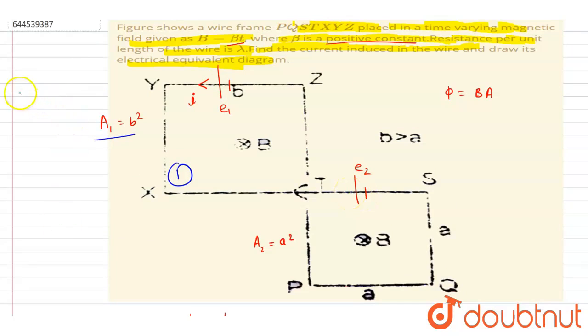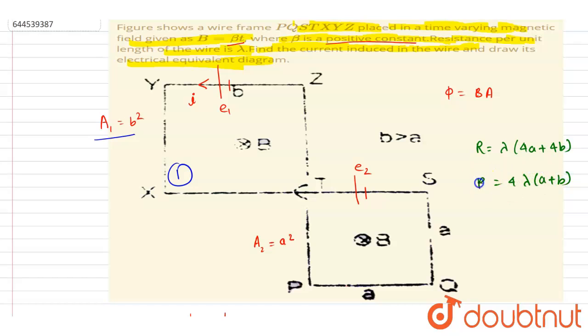And if I talk about the net resistance of the circuit, all the resistances are in series, and the total length is 4A plus 4B. The resistance per unit length is lambda and the total length is 4A plus 4B, so we will take this 4 outside.